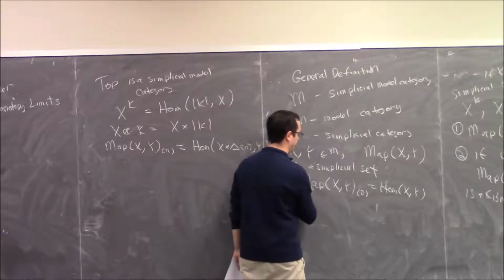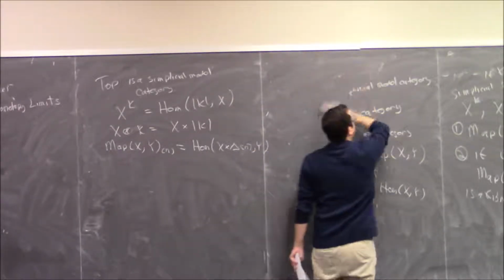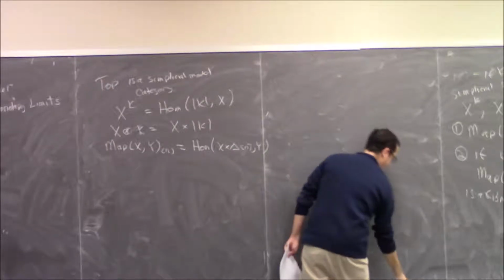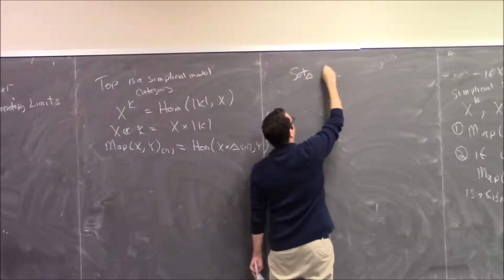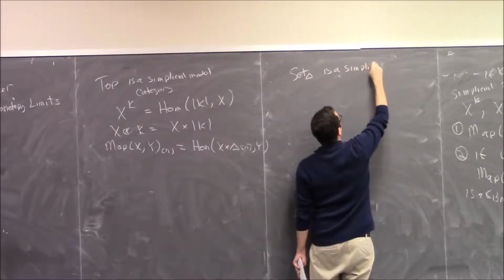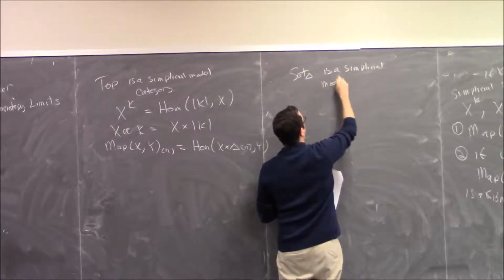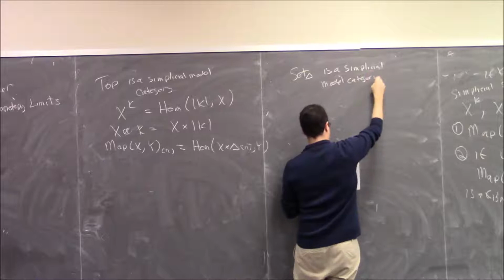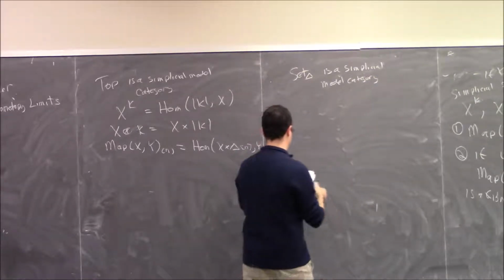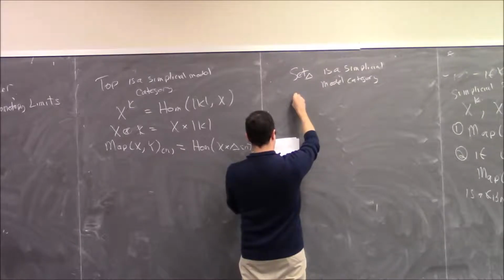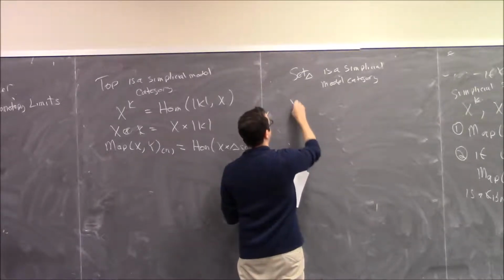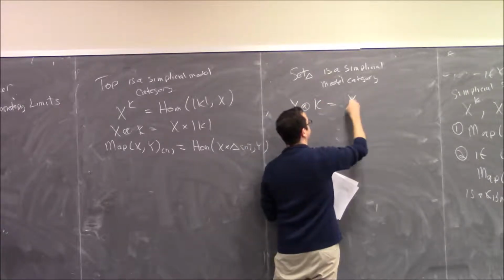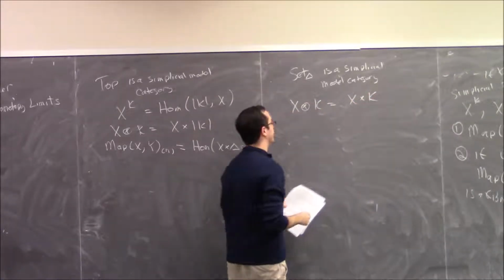Simplicial set is also a simplicial model category. Yeah, it's pretty similar, I guess. Tensoring is just Cartesian product of simplicial sets.